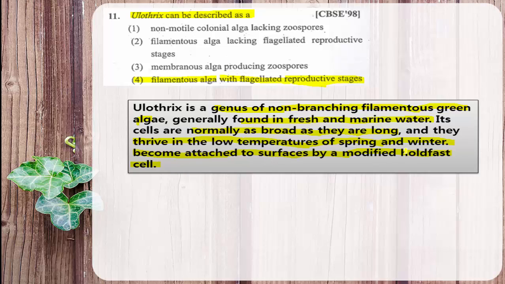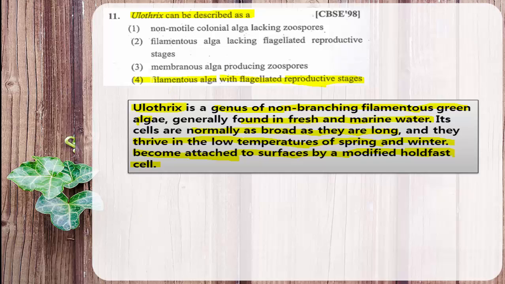As I discussed in the first question, the holdfast is a slightly larger cell and it is without chlorophyll, because the holdfast's function is to get attached to the substratum, so there is no need of chlorophyll in the holdfast, which is the lowermost cell in Ulothrix.